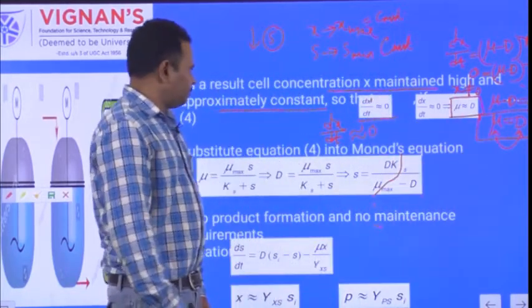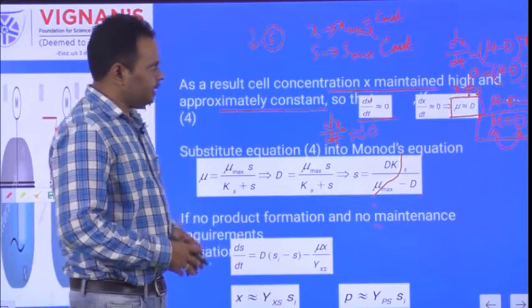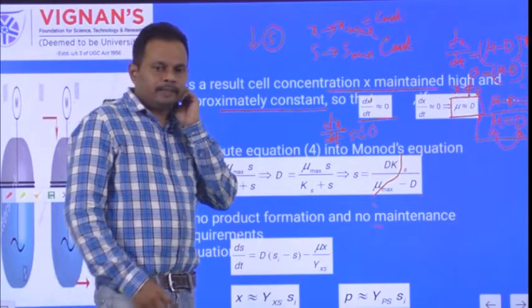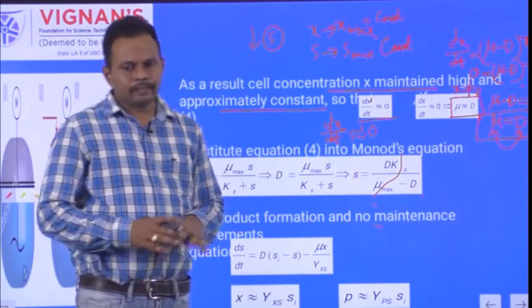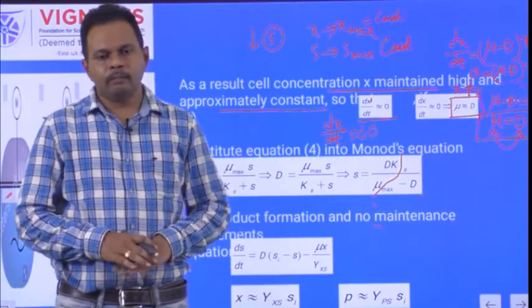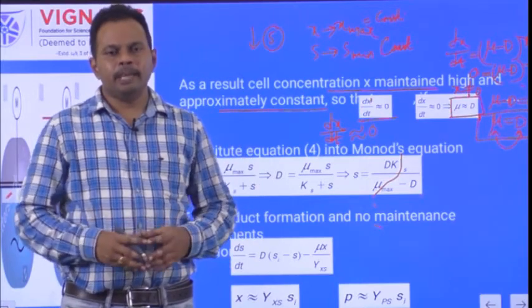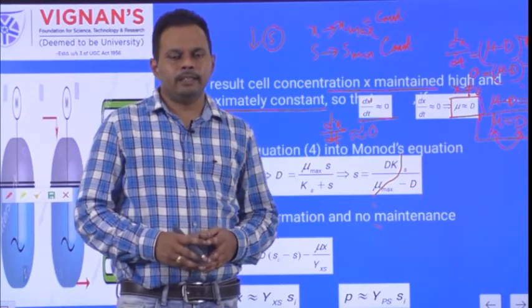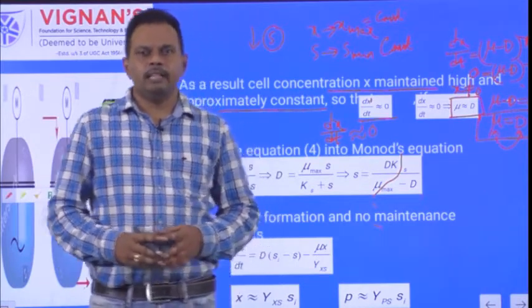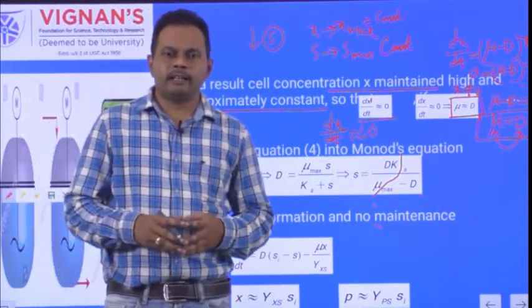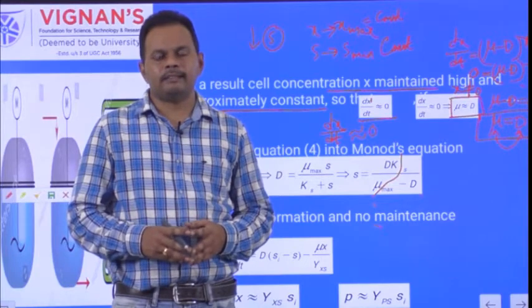Now combine this equation with the Monod equation. What does the Monod equation say about the growth of the cell? Within the liquid nutrient media, many substrates may be available. Among those, one substrate has a dominant influence on the growth rate of the cell. That substrate is known as the limiting substrate, which controls the entire growth rate of the cells.